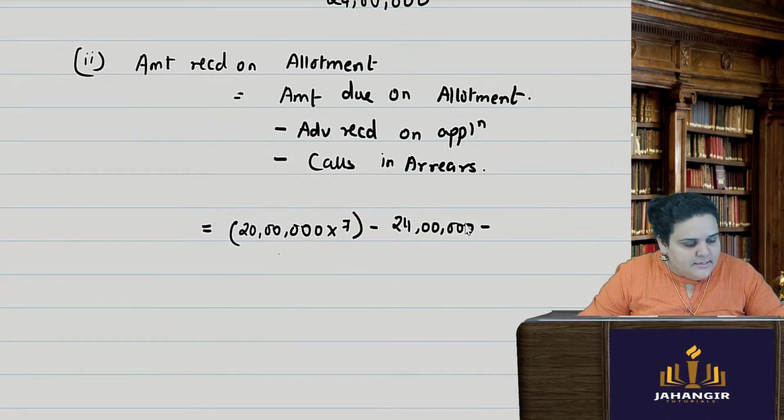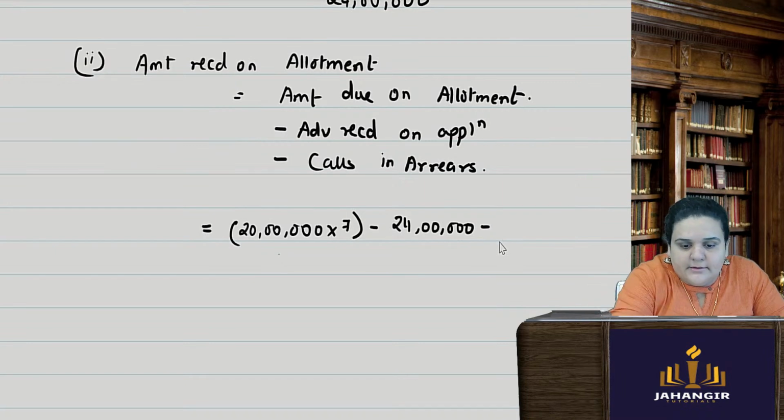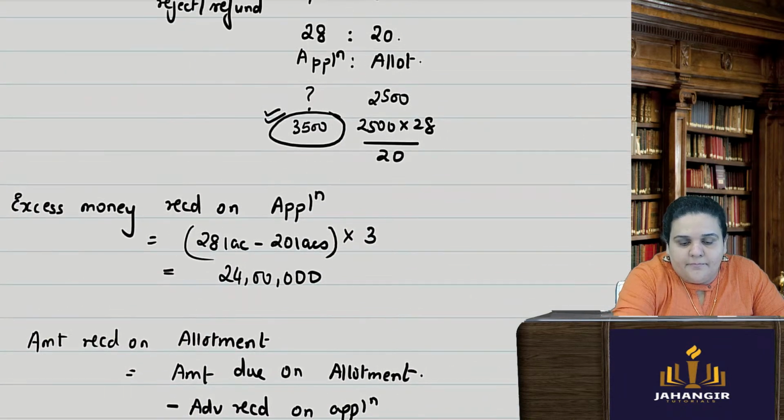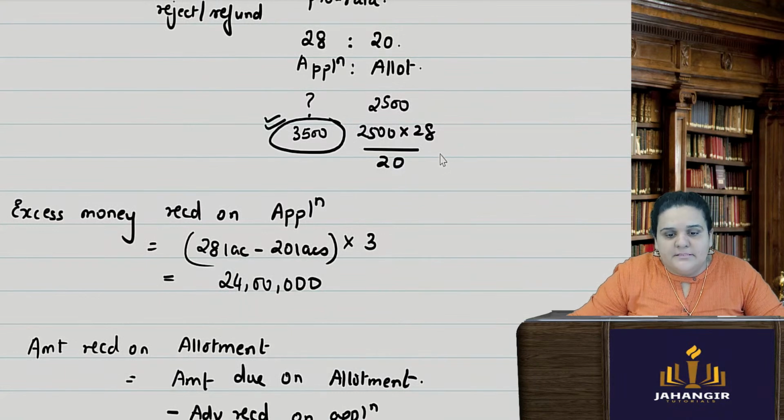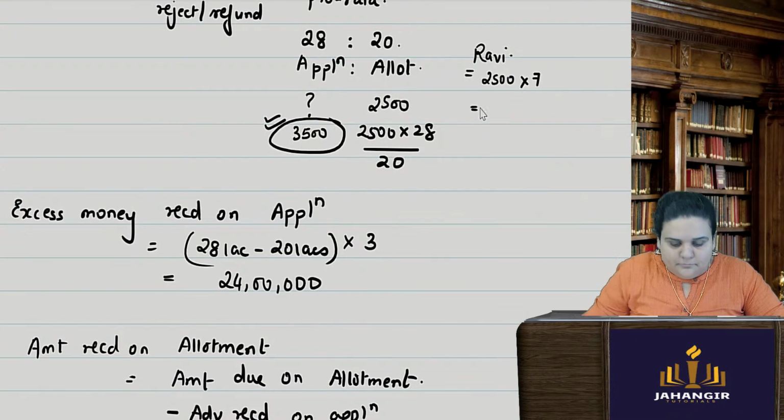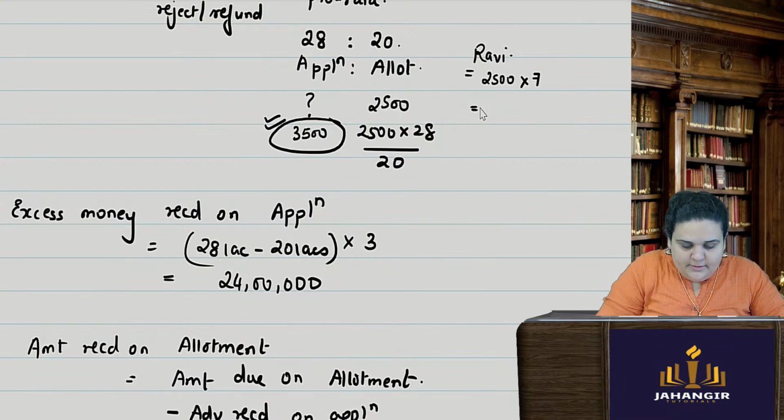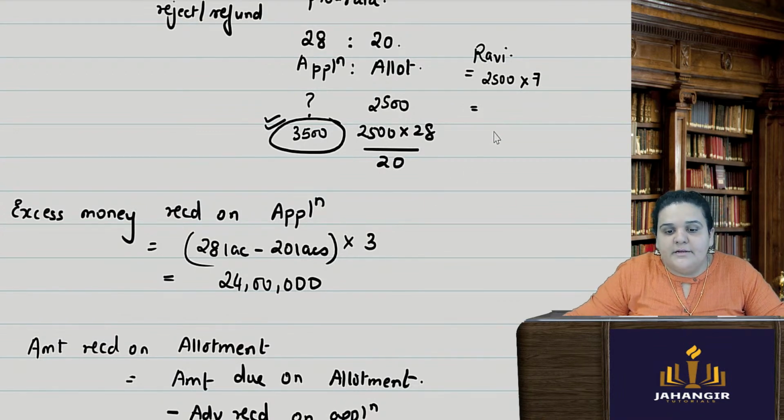Minus calls in arrears. Now calls in arrears will be how much? See, Mr. Ravi, on allotment he should pay me 2,500 into 7, which is 17,500. But he has not paid me. Right? That much is his calls in arrears.